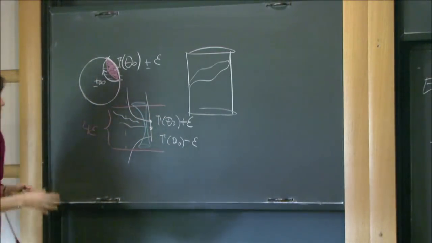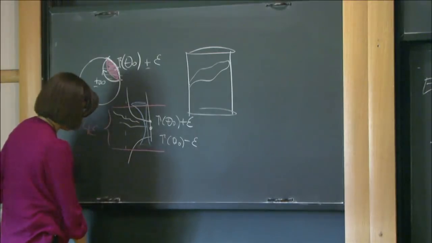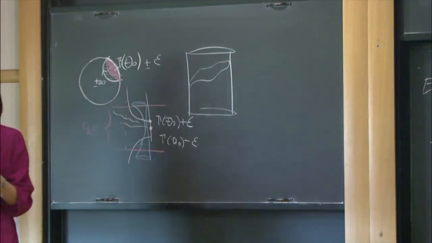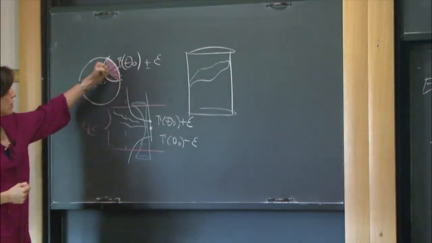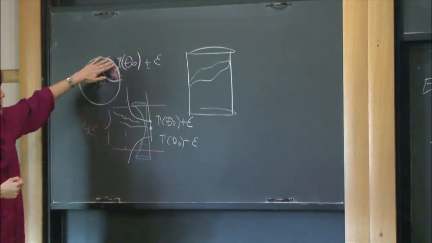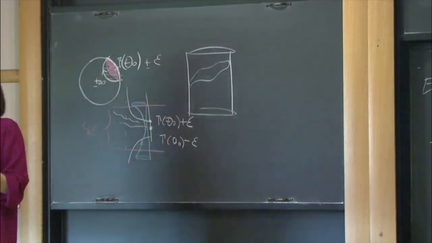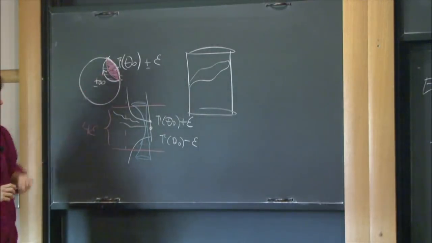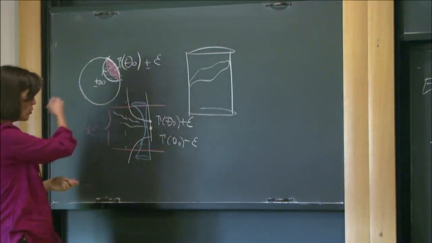In such a way that when you translate this catenoid horizontally over this domain, the boundary doesn't intersect your surface. But this is just in this domain, so we need to go around.